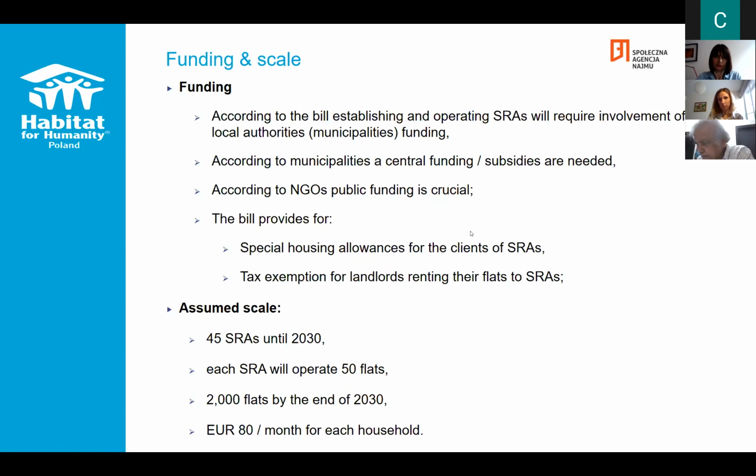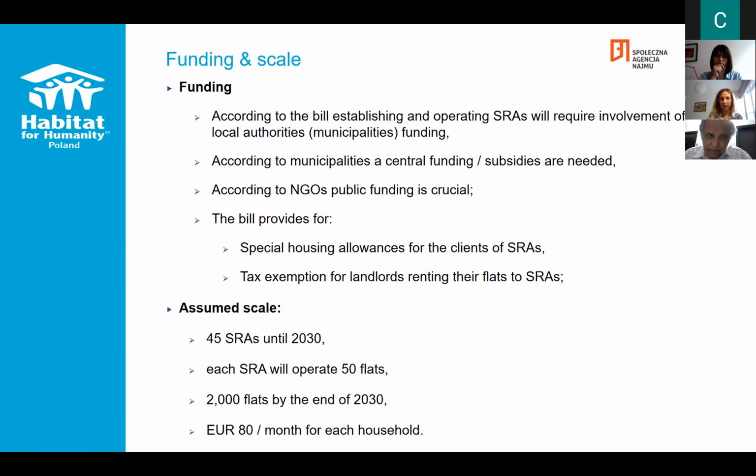Those are both from the central government, but as we are hearing from municipalities, there is a strong recommendation to provide more central funding for SRAs to operate. Otherwise, municipalities may just not have enough funding or resources to establish their own social rental agencies.